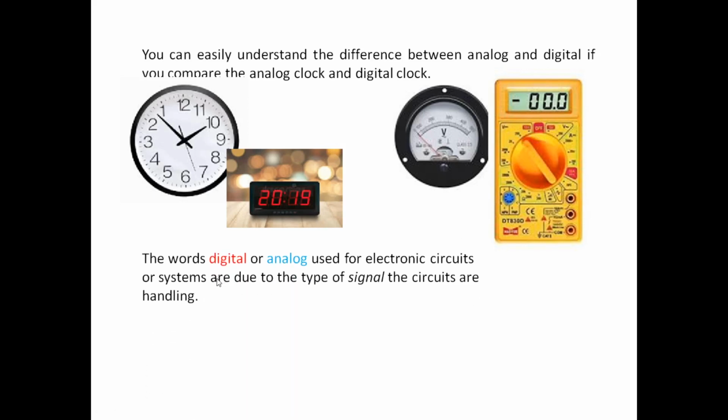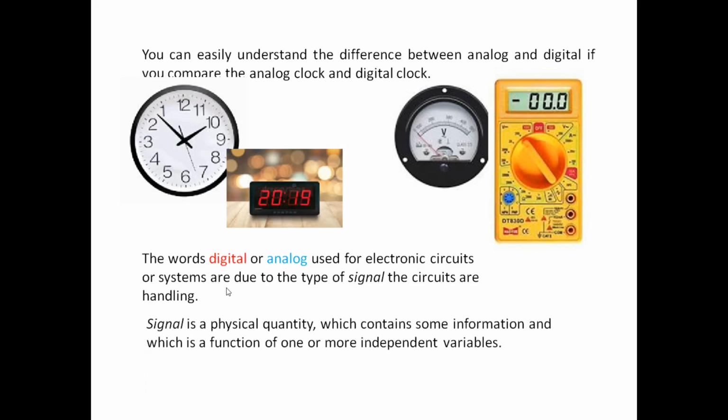The words digital or analog are used depending on the signal handled by the circuits. The signal is a physical quantity which contains some information, and it is a function of one or more independent variables.